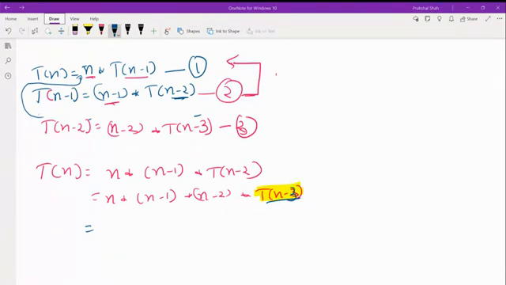Correct, guys? Okay, everyone is perfect till here. Now I will do n into n minus 1 into n minus 2 into n minus 3 into n minus 4, up to, up to, what will I have here?